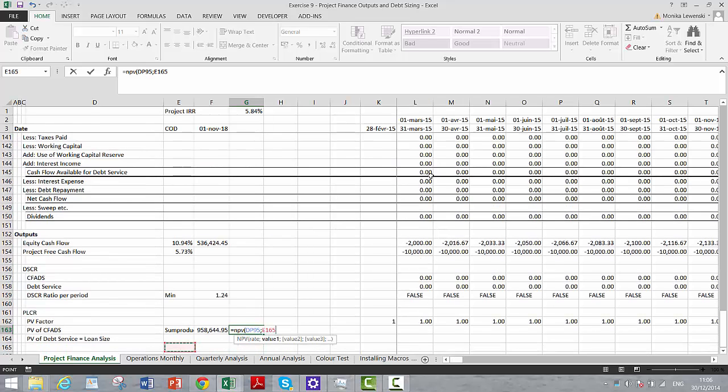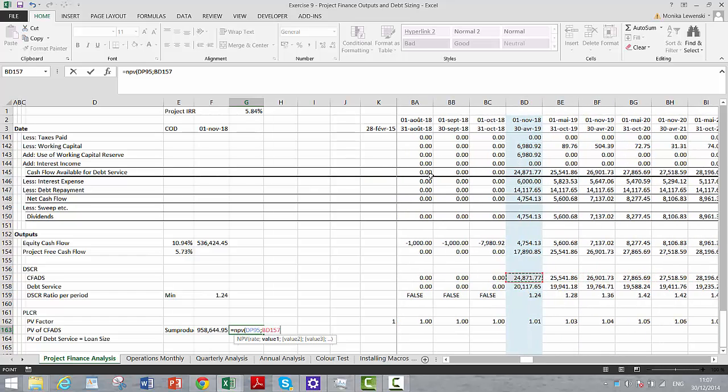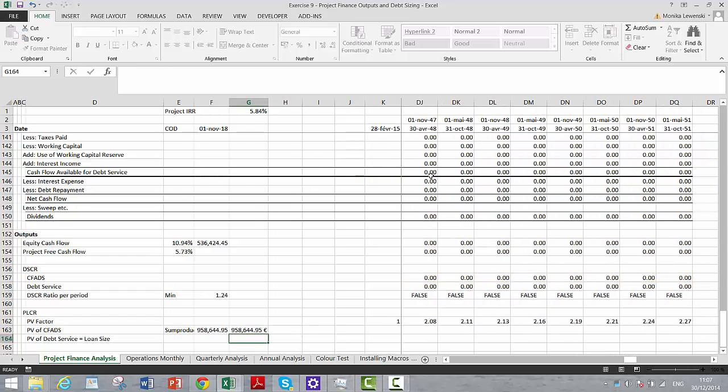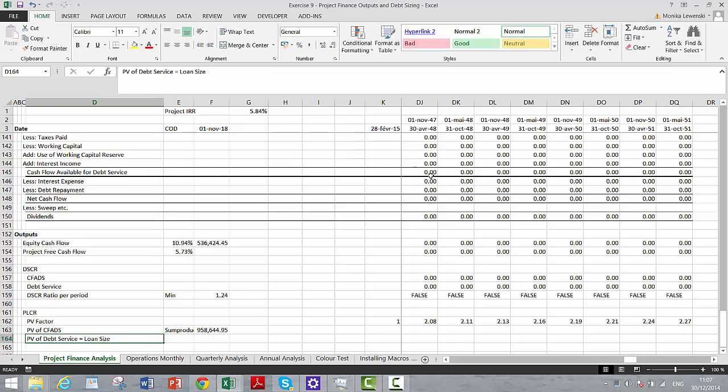And then let's take the cash flow available for debt service and only take the stuff just right at the start. And we get the same number, okay? But that's a whole lot less flexible, I think, than the manner in which we just computed it now.